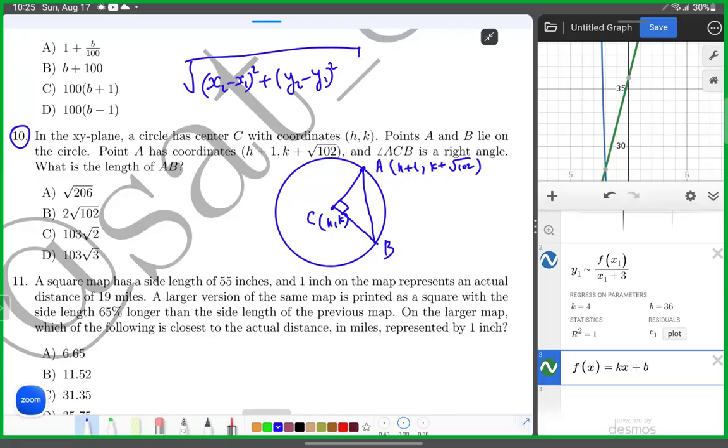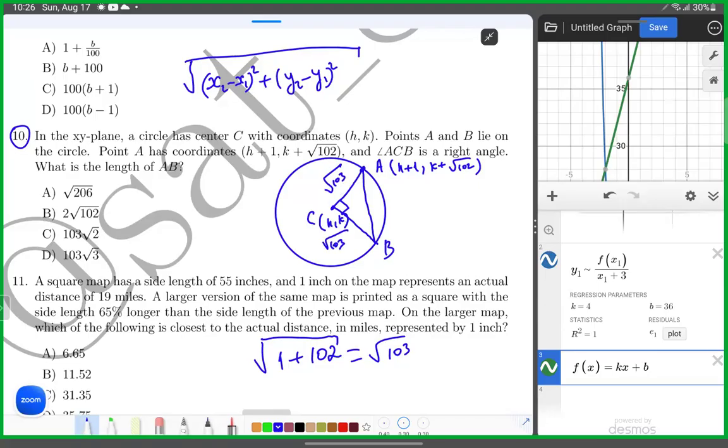If we apply this formula here, it is h plus 1 minus h, which will be just 1. So root of 1 plus this number minus k, k goes, you will get root of 102 squared, it will be 102. If you take the root, you will easily get root of 103. It means this one is root of 103, this one is root of 103.